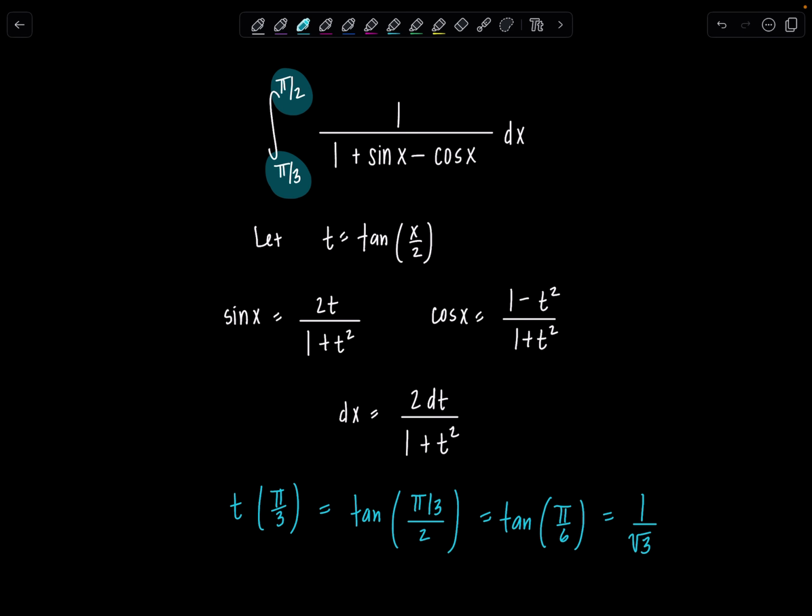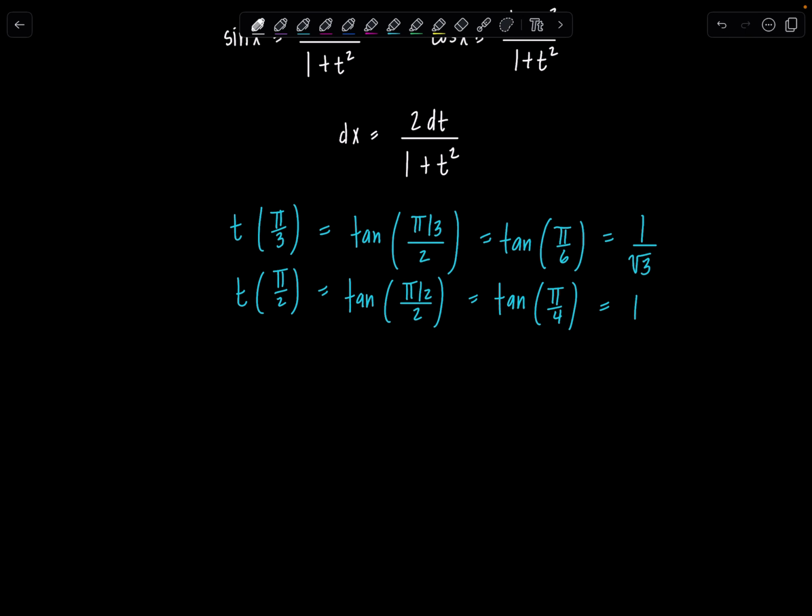If you're just a fan of rationalizing, then it's rad 3 over 3, but there's really no need. And then same thing for the upper limit. So t of pi over 2, that's tangent of pi over 2 divided by 2, which is tangent of pi over 4. Ooh, this is nice. This is 1. So now we can rewrite our whole integral in terms of t, as well as including the limits of integration, as we should.